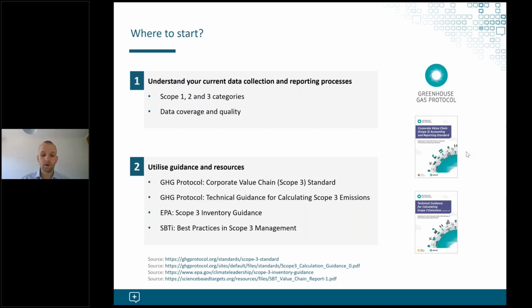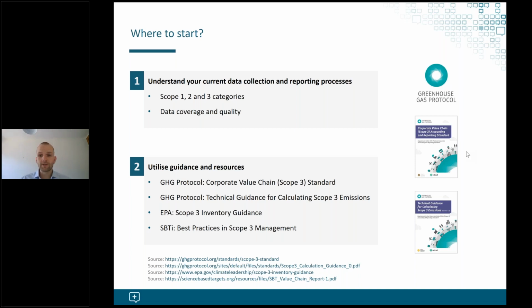And as we saw from the first poll, a lot of companies are already reporting on some of the Scope 3 categories, sometimes termed the core Scope 3 categories. So business travel, waste, water, for example, the ones you have more control over and visibility of. So it's important to assess this to start with, to fully understand where you are, what your starting point is, and where the current gaps are. It's also important to assess data coverage and quality as well.